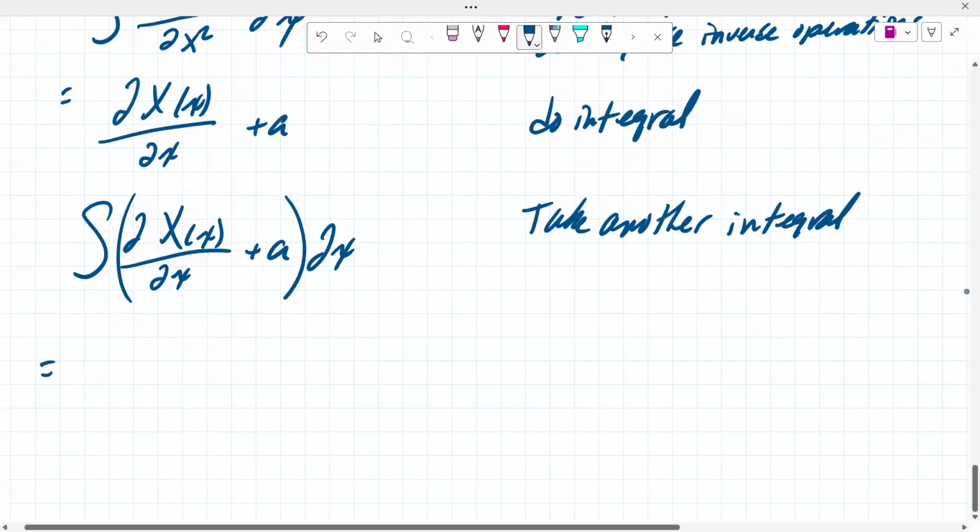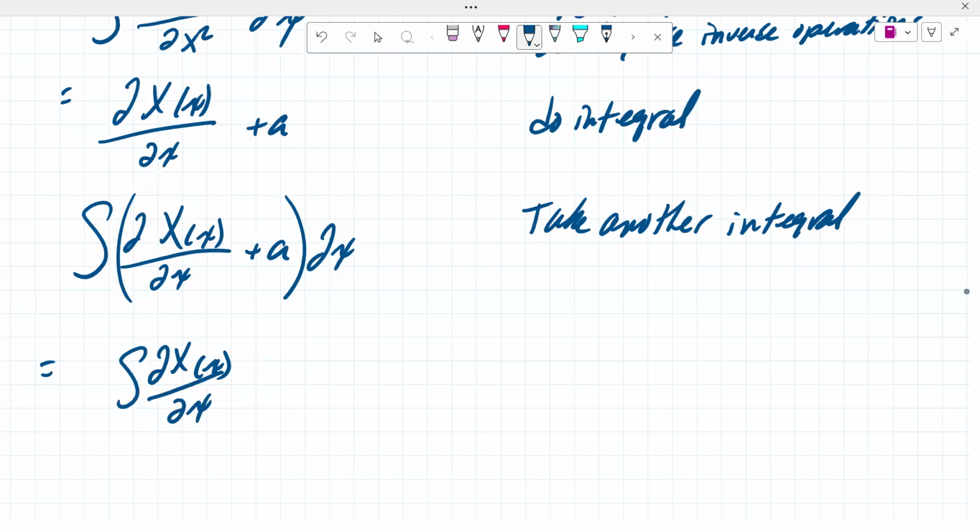That is equal to the integral dX of x over dx dx plus the integral of a dx.